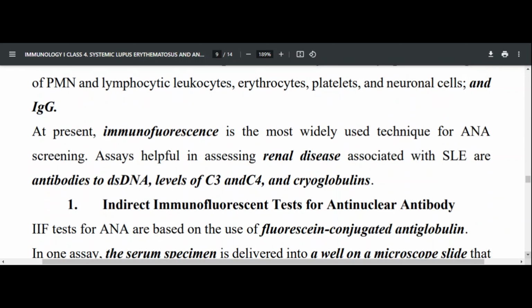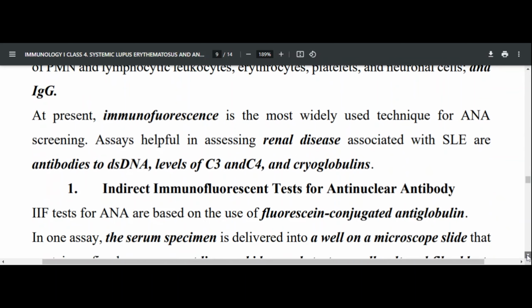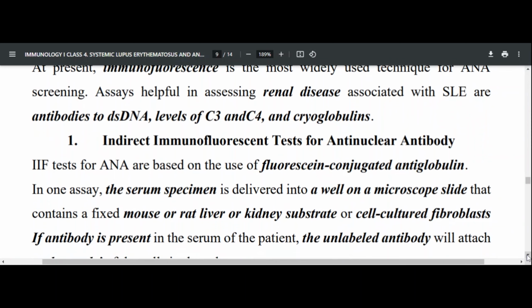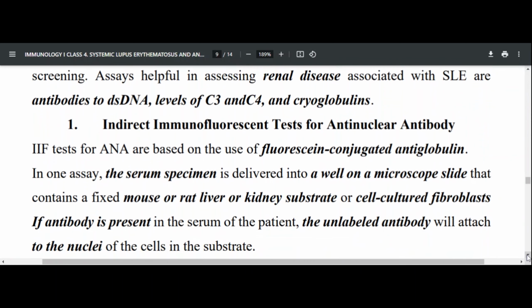Indirect immunofluorescence testing for antinuclear antibody is based on fluorescence-conjugated antiglobulins. What is the meaning of fluorescence-conjugated antiglobulins?